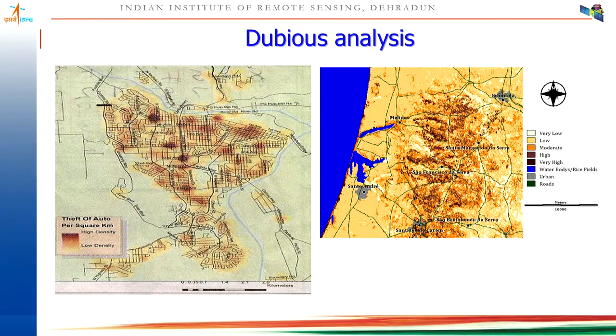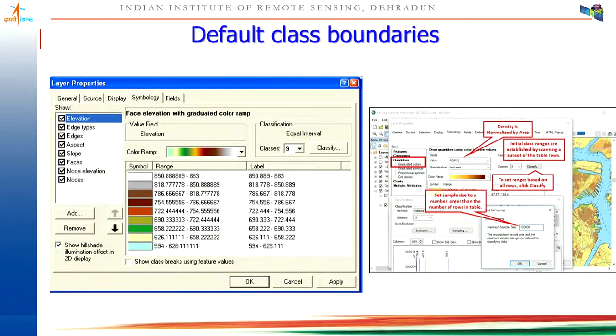This kind of analysis people are also doing, but in some cases it can give you some feeling, some overview, some conceptual idea about the geographical features or terrain. But this kind of representation of a map has some inbuilt error here.